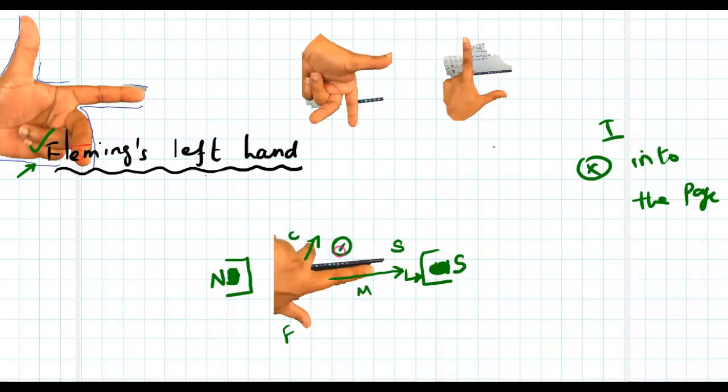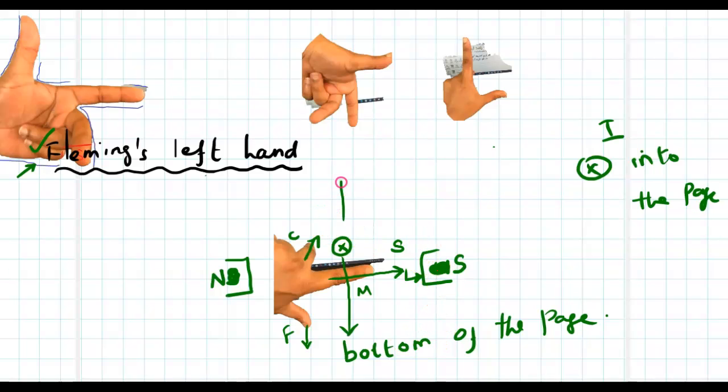Now this wire will move to the bottom of the page. Why? Because my thumb points to the bottom, so the force acting onto the wire is bottom of the page. So you can write bottom of the page.